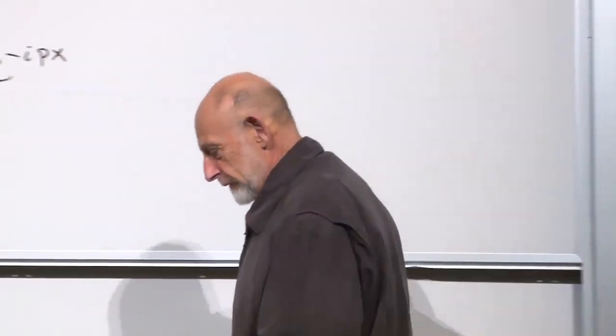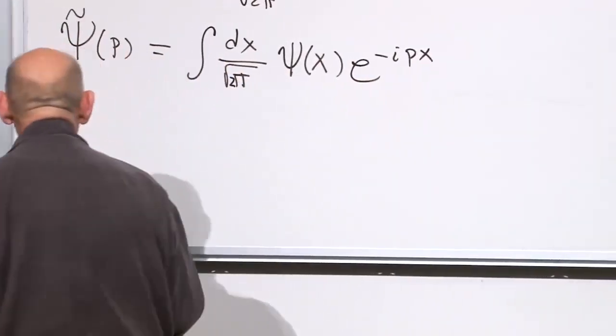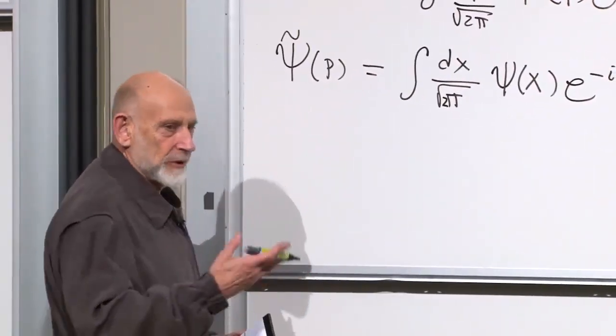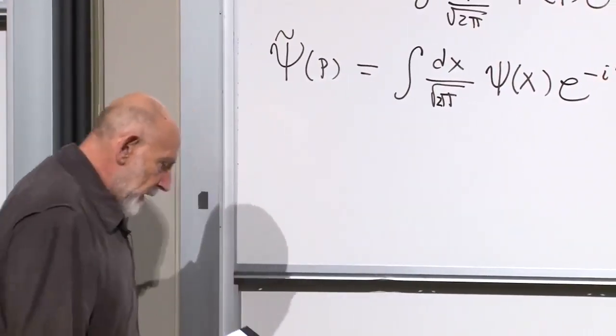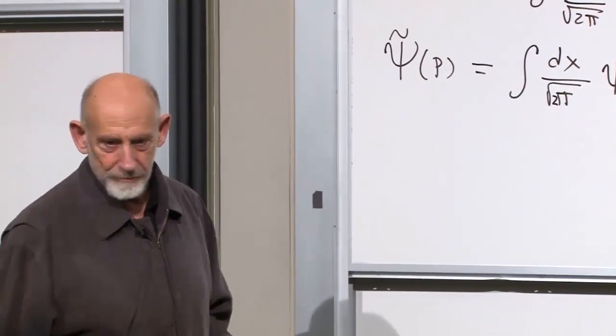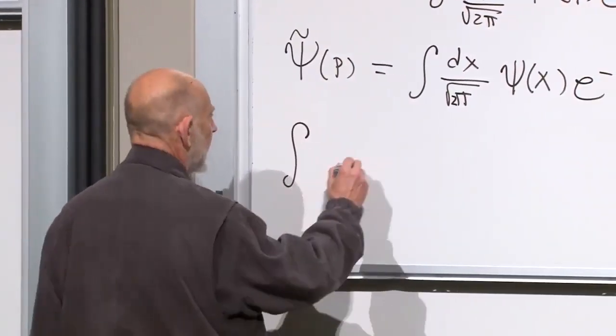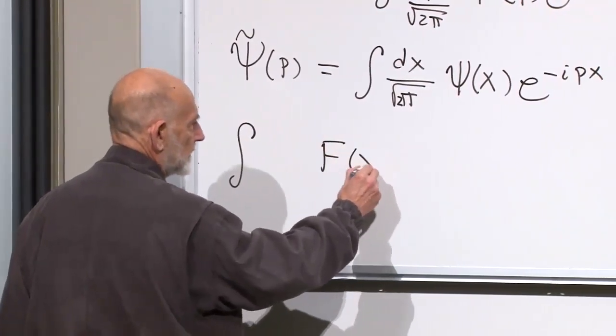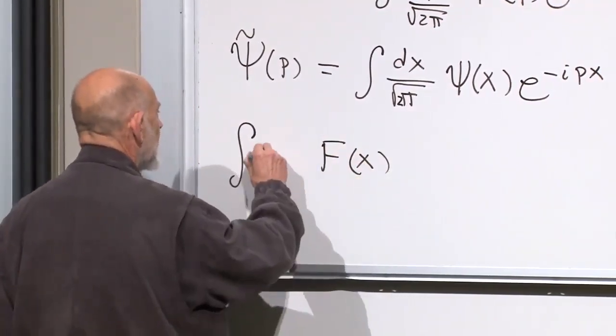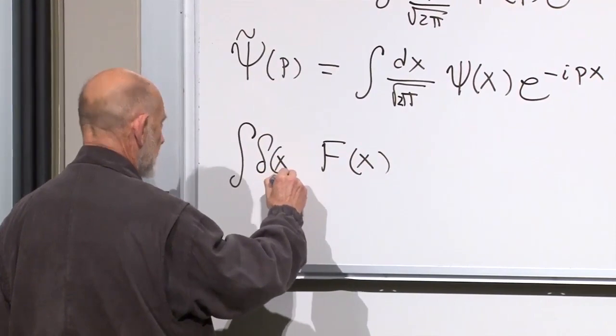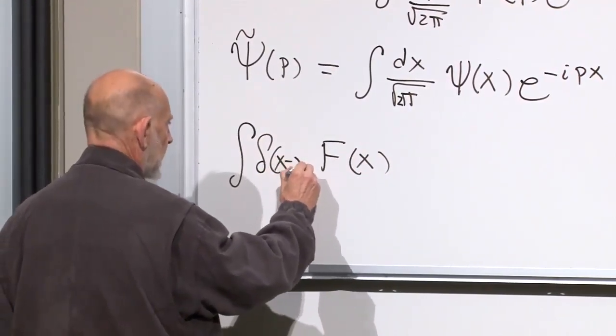Okay, properties of a delta function. The first thing, and the way a mathematician would think about it, is it's an operation that you can do on a function. In particular, you can integrate any reasonable function of x with a delta function, delta of x minus x prime.